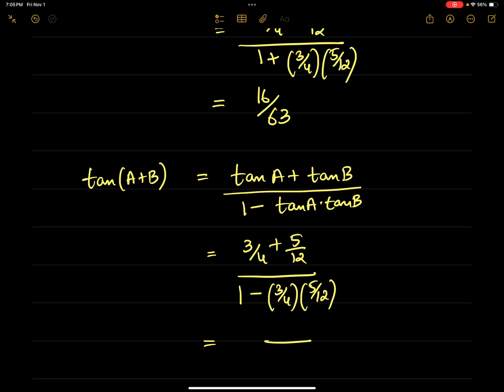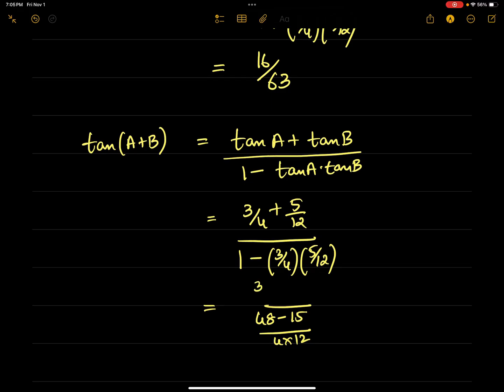So the denominator is 48 minus 15, correct? And in the numerator we would have 36 plus 20 divided by 4 times 12. We can cancel this out. So we would get 56 divided by 33. So that is tan of A plus B.